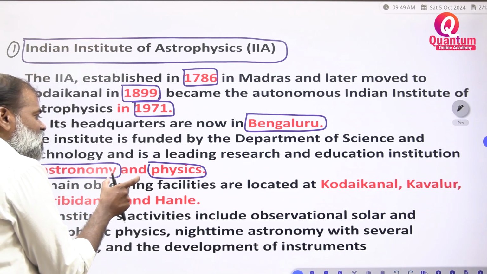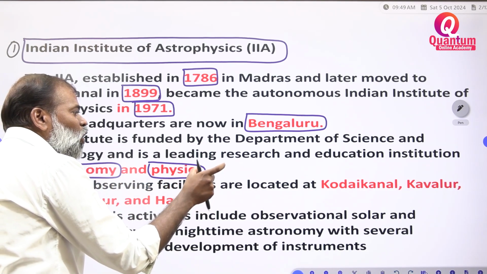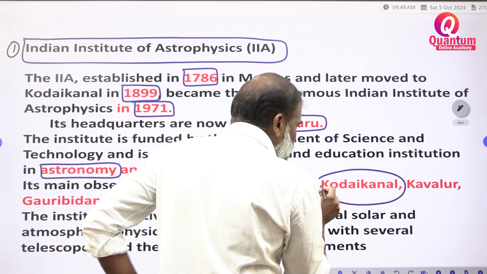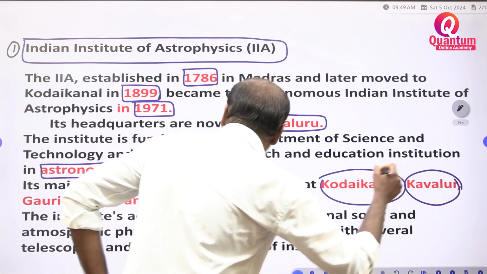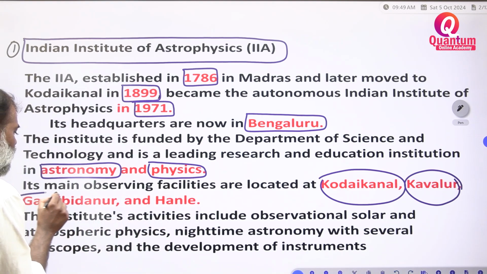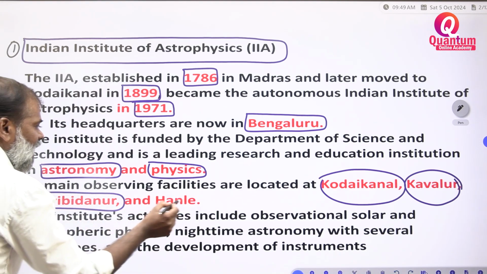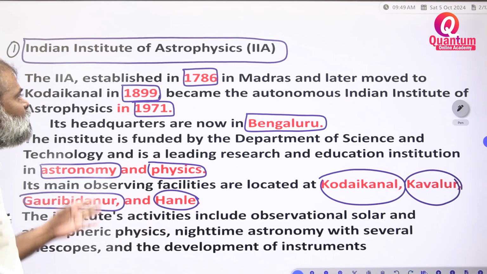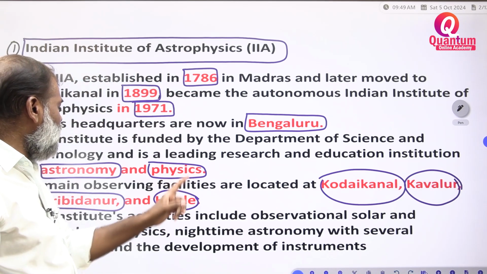Its main observing facilities are located at Kodaikanal. Not only this, there is one at Kavalur, one at Gauribidanur, and one at Hanle. In total, there are four facilities under the Indian Institute of Astrophysics.